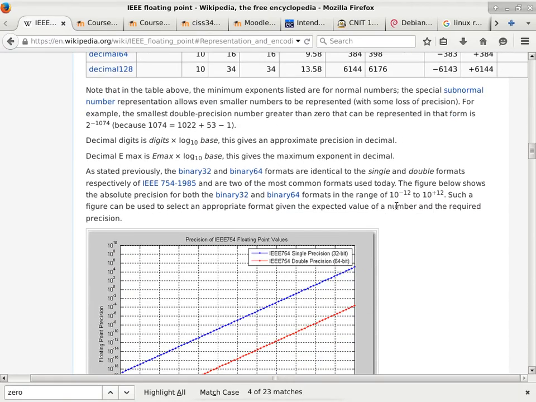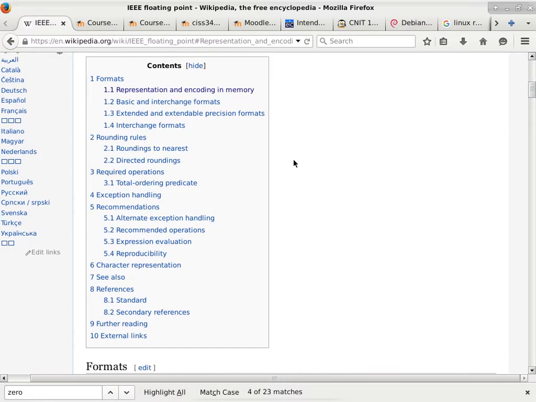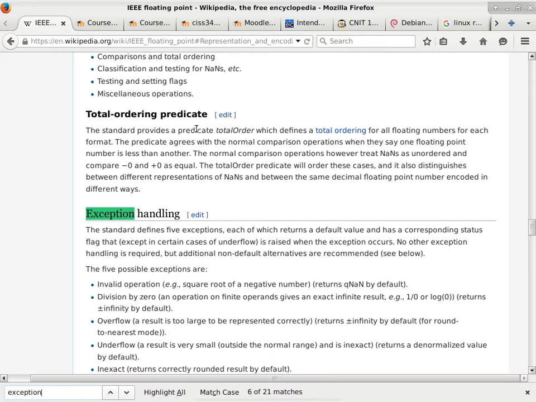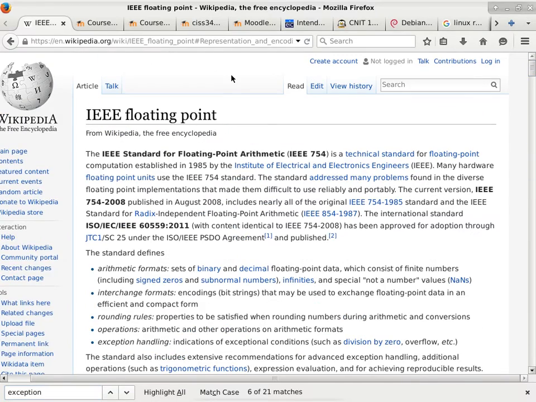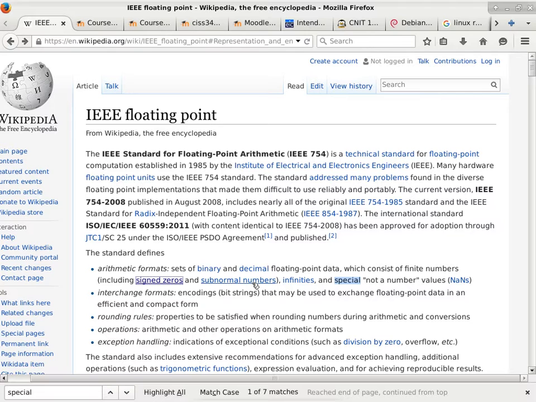There was a section about exception handling. It's not exception handling, it is an exception to the representation. Maybe special values. Let's look for special. Okay, there we go. It has special values: the not a number values, the NaNs, the infinity, the signed zeros. Subnormal numbers.